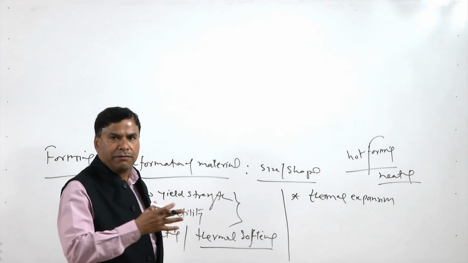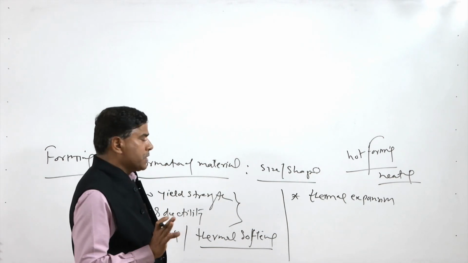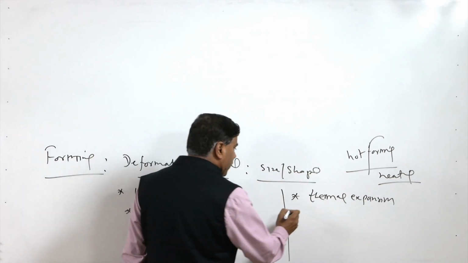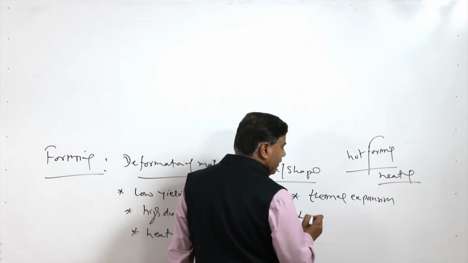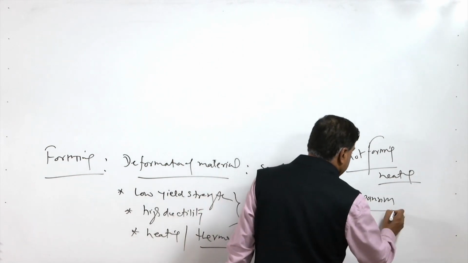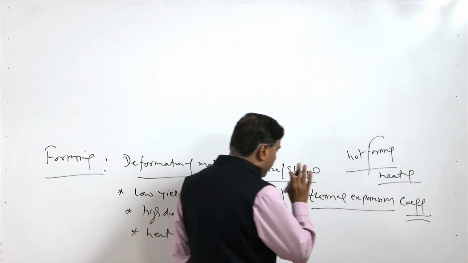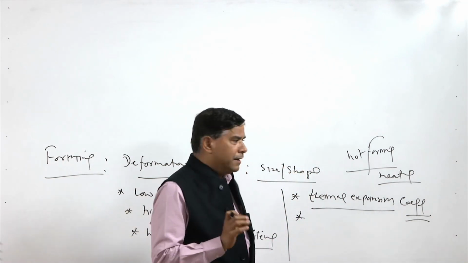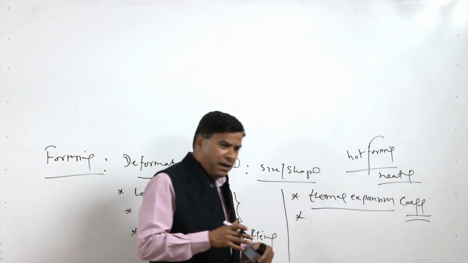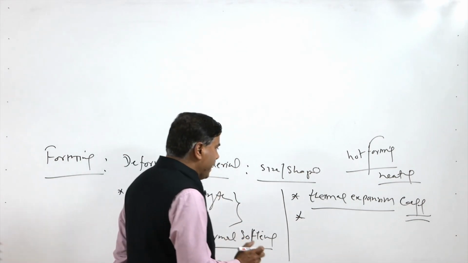So, after the deformation it will shrink during the cooling to room temperature, and that will be leading to problems associated with poor control over the dimensions. So, the thermal expansion coefficient of the material becomes important for having control over the dimensions. If the material has a very high thermal expansion coefficient, then the control over the dimensions will be poor.